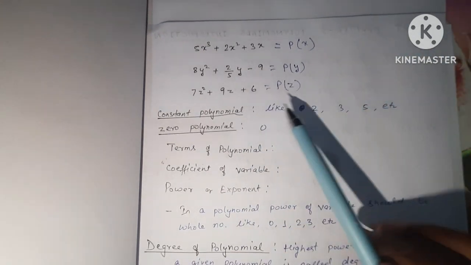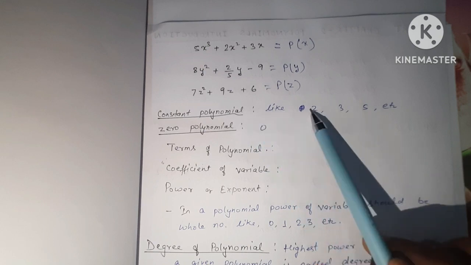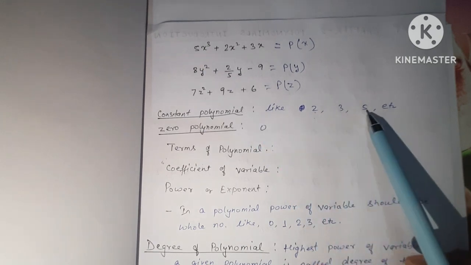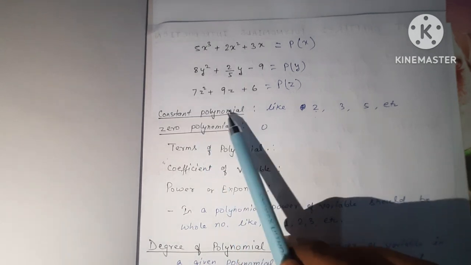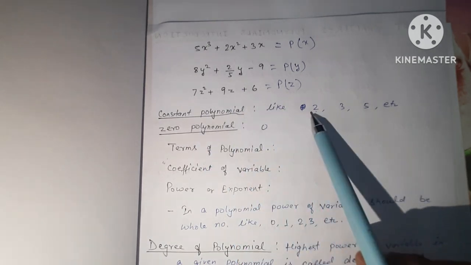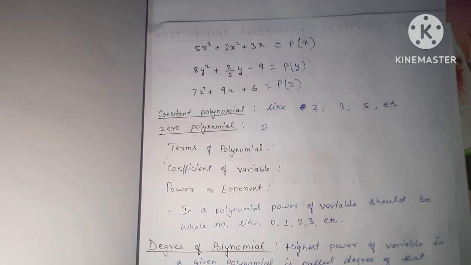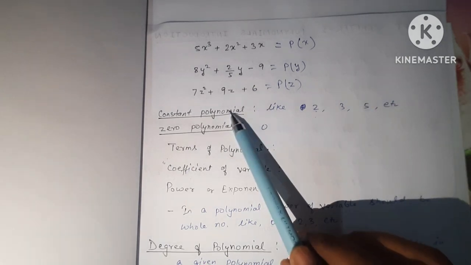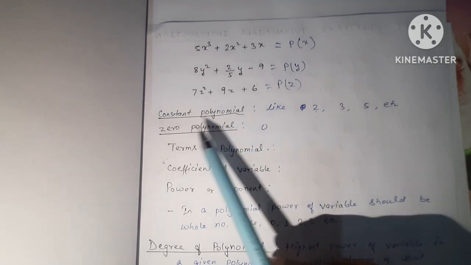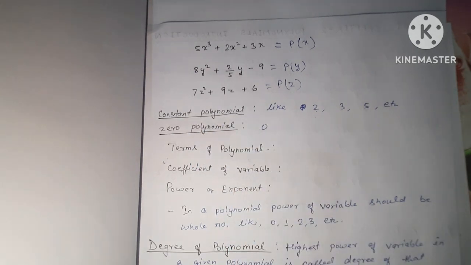And in constant polynomial, except 0 all the values are there. But if the value is 0 in constant polynomial, then we call it zero polynomial.